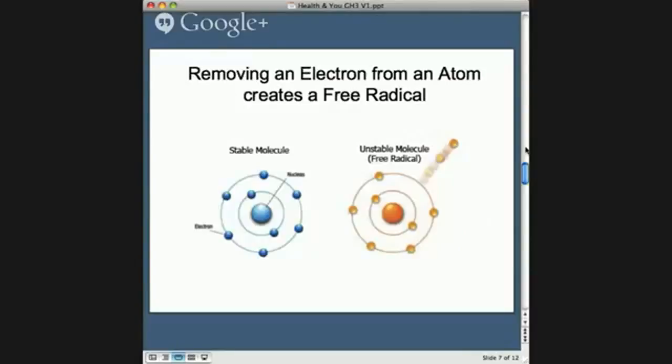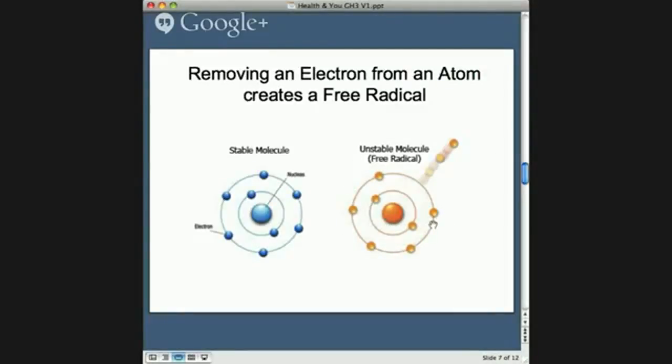So imagine that you've got an atom that might be stable, but it's not too strong. It's not a very strong molecule because it doesn't have the 8 electrons around the outside. So this is a stable molecule, but it's not very strong. So along comes another atom which takes the electron from the outside, and this molecule now becomes a free radical.